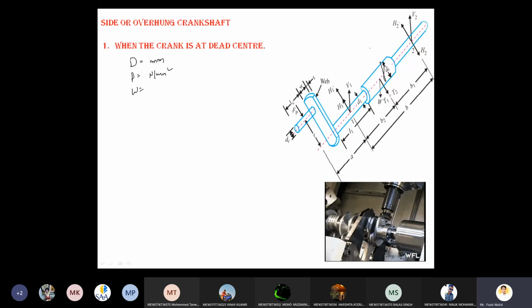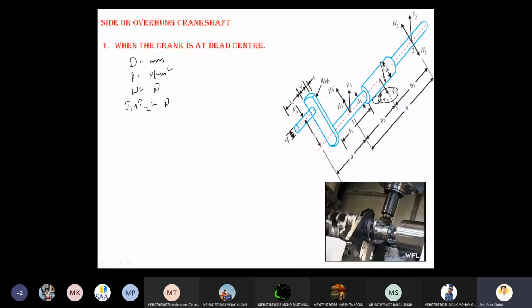All that acts on this portion, so the reaction forces generated here are also taken into consideration. W is the weight of the flywheel in newtons, and T1 plus T2 is the resultant belt tension in newtons.